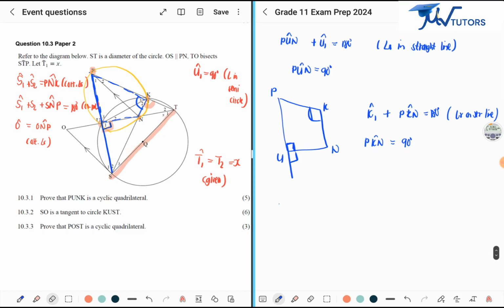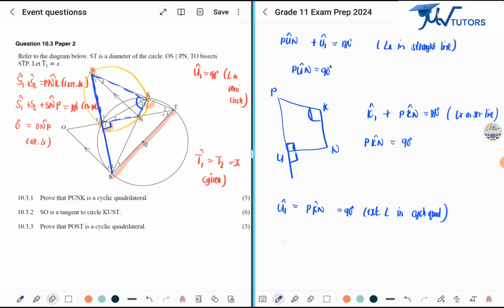So I can then say U1 is equal to PKN, which is 90 degrees, and that is because of external angle in a cyclic quad is equal to interior opposite angle.